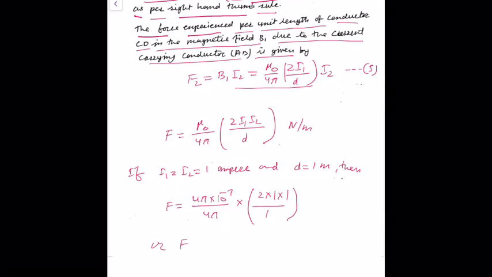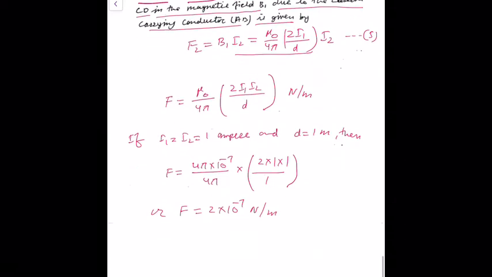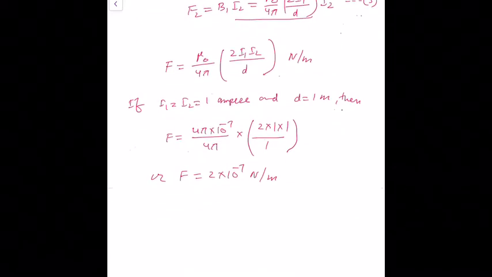After calculation we will get F is equal to 2 into 10 to the power minus 7 Newton per meter.